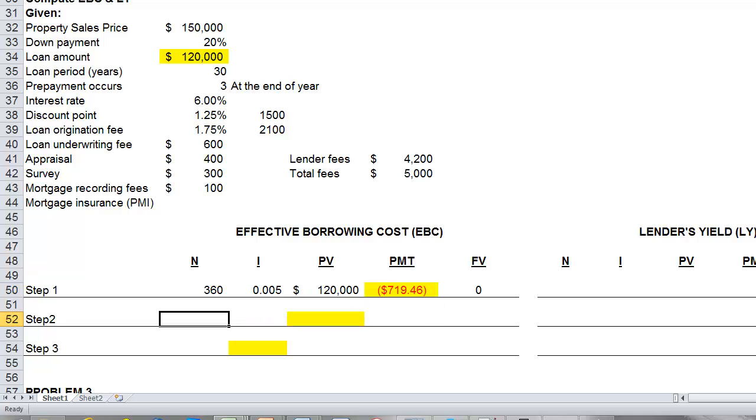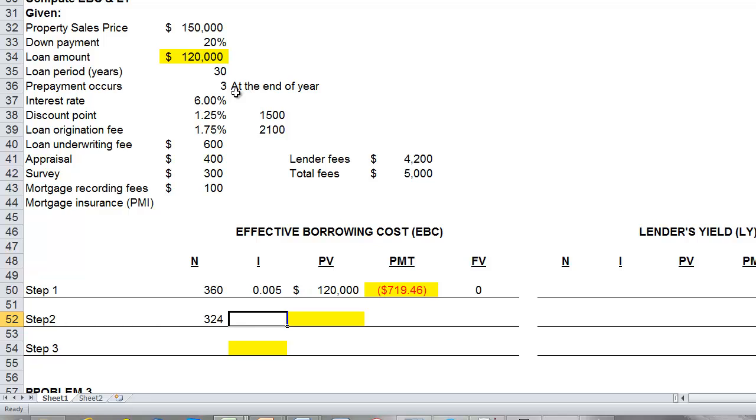Step number 2 is to compute outstanding mortgage balance. And so, again, remember that we're going to change our N to the number of payments that we have not made at that time. So we have a 30-year mortgage. It says prepayment occurs at the end of year 3. So we're going to subtract off 3 times 12. That's the number of payments I will not have made by the end of year 3.